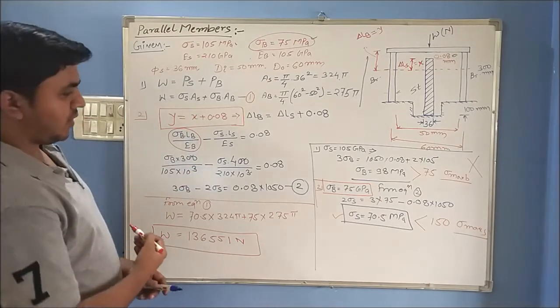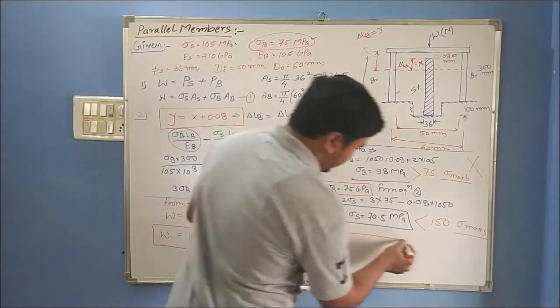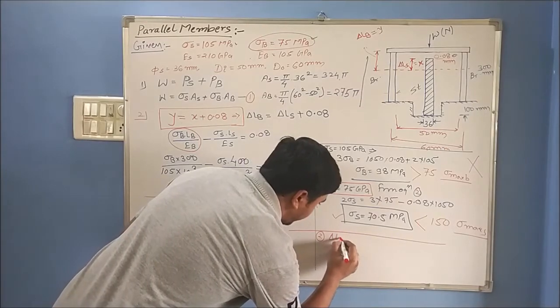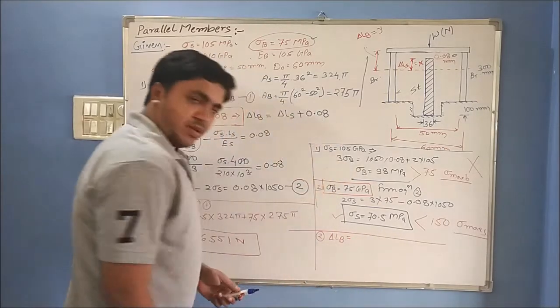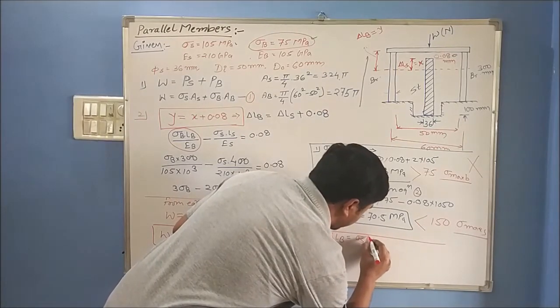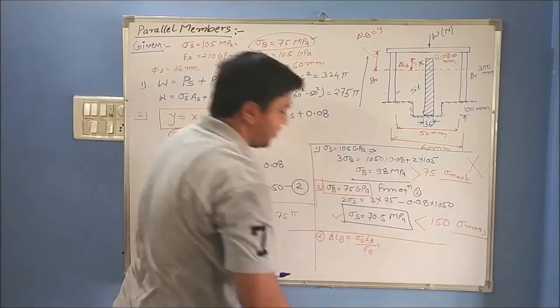Okay. So if you calculate the second thing, so where I can calculate? So here only I can do it. It's very small thing. Second part क्या निकालना है आपको? Delta L for brass निकालना था. इसके लिए value क्या था आपके पास? Stress of brass, length of brass upon Young's modulus of brass. Let's put down all the values.